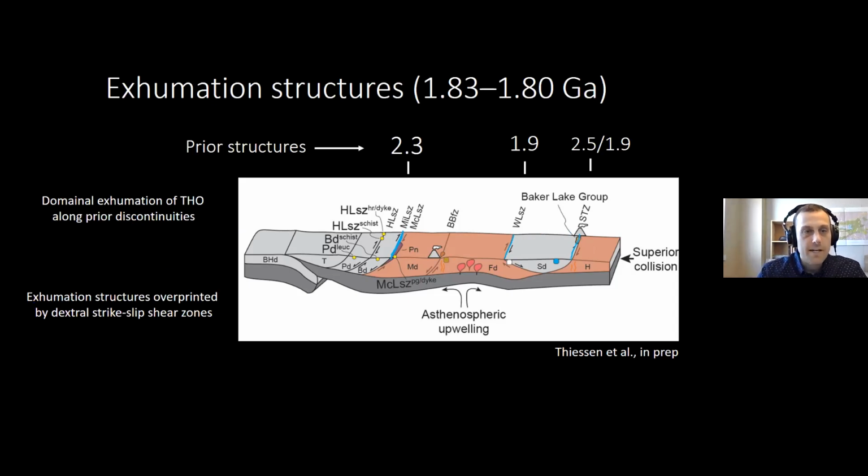And just a final note that, like I mentioned, we did try to better study the exhumation structures to fit into this story, although they were largely overprinted at this time frame, about 1820, into a dextral strike slip manner, which probably falls in with what we see throughout the central Rae as well, a lot of dextral reactivation of many structures at about this time frame. And this might relate to tectonic escape style structures, as has been suggested previously.